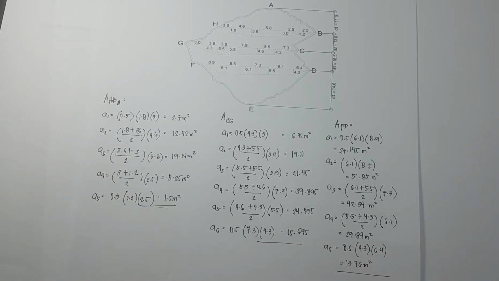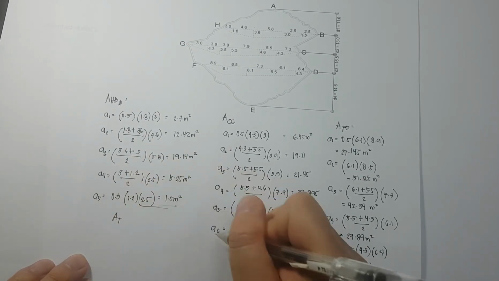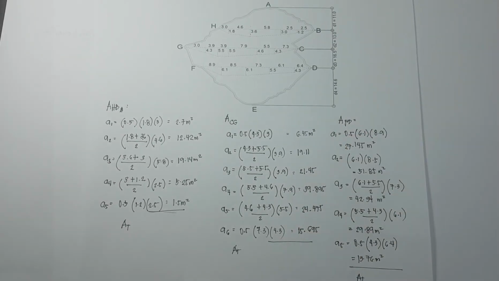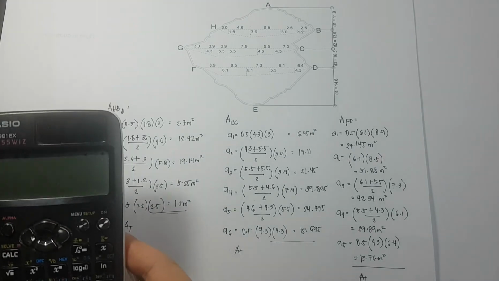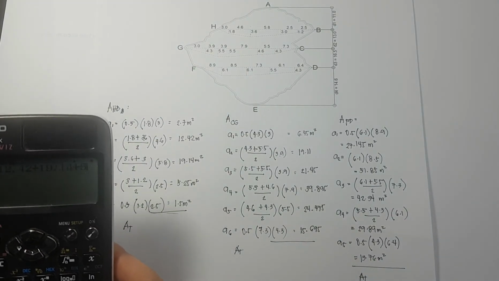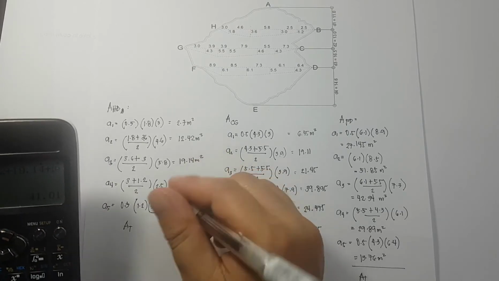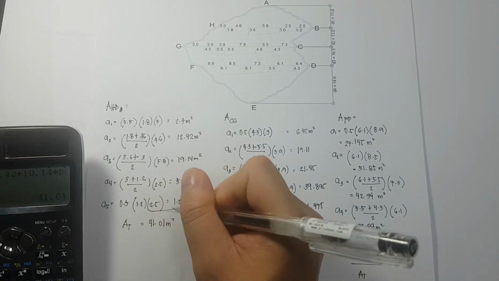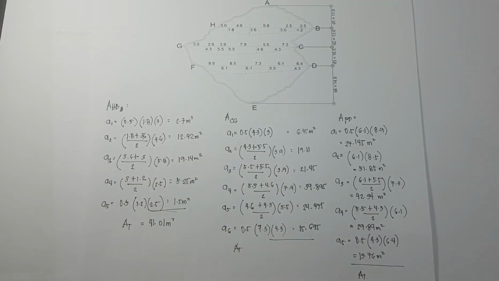Okay, so, area total, and area total. Now for the area total, we have 2.7 plus 12.42 plus 19.14 plus 5.25 plus 1.5. So this is 41.01 square meters. Okay.